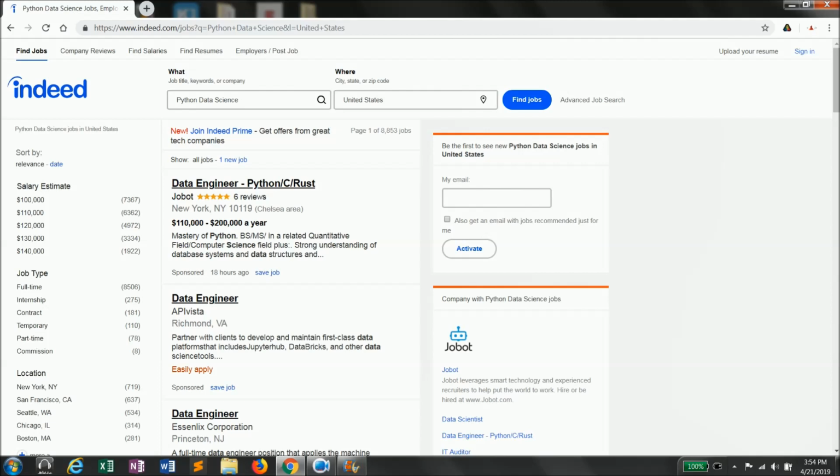As you can see, if you put in Python data science, it's going to have 8,000 jobs, which is very strong across the US. But if you look closer, you will notice that a lot of these jobs overlap with really technical jobs like data engineer, back-end web developer, or machine learning engineer.